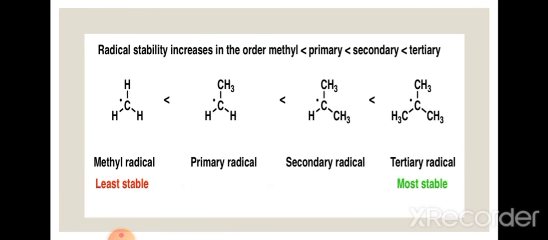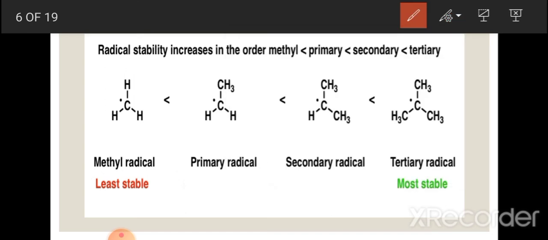Now see here, I have taken the picture of primary, secondary, and tertiary free radicals. This is the methyl radical, CH3 dot, then CH3CH2 ethyl, and propyl.